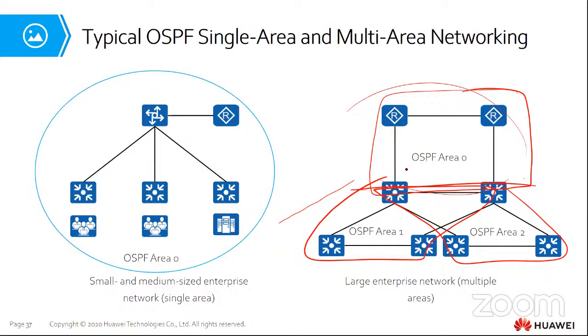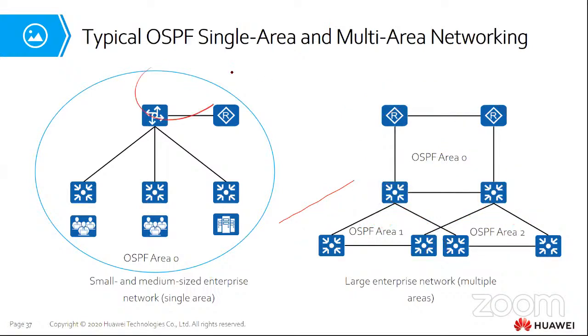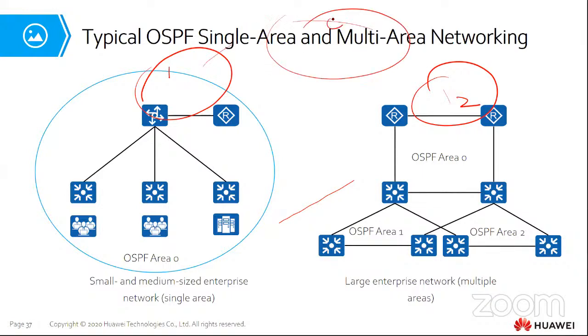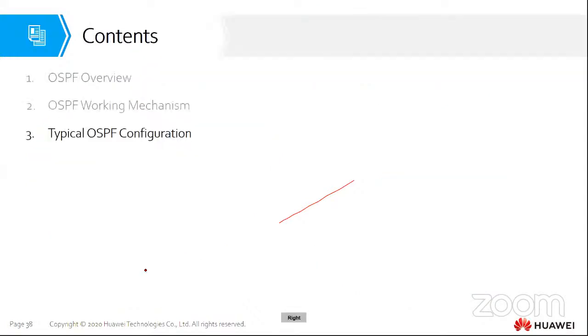Area 0 is in core, so 0 is connected to 1 and also to 2. If routes need to go from 1 to 2, they need to pass through 0. Routes can't go direct from 1 to 2. By that, we prevent loops.